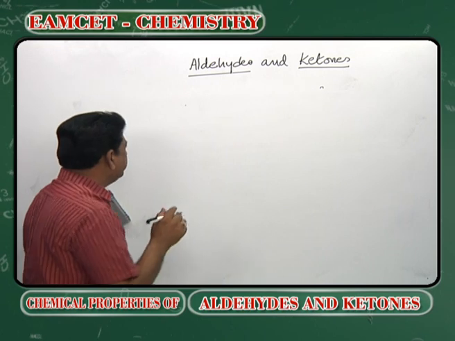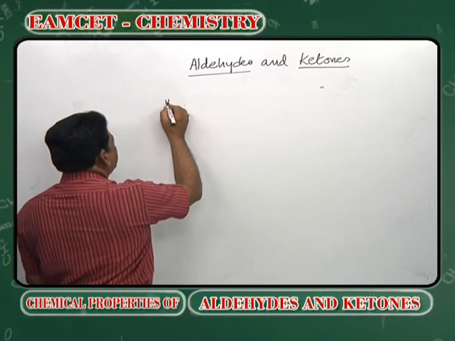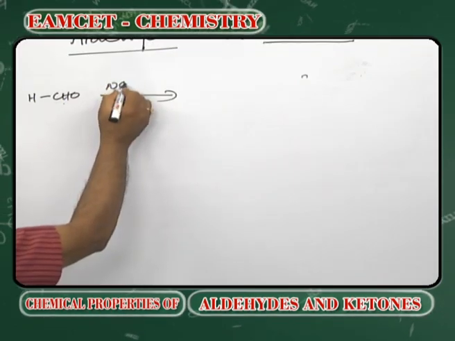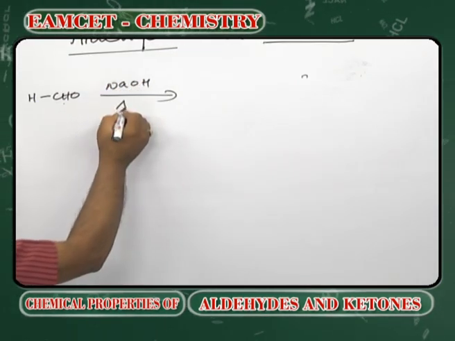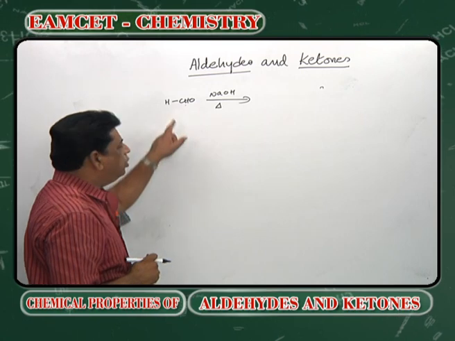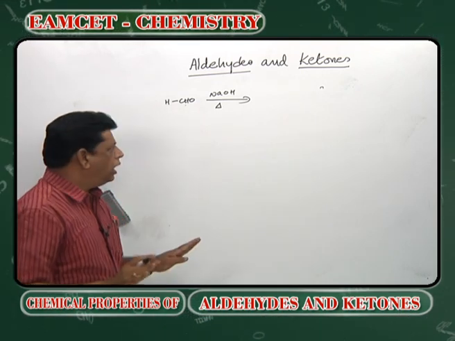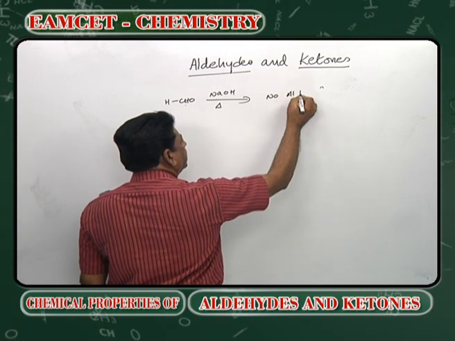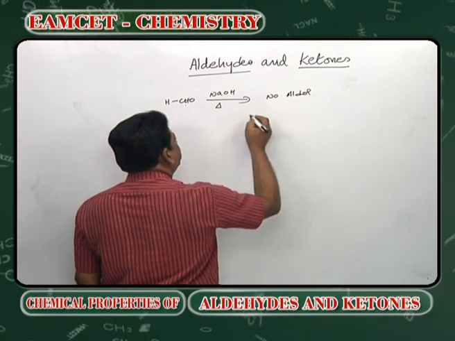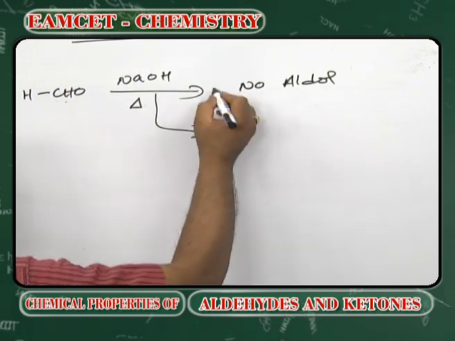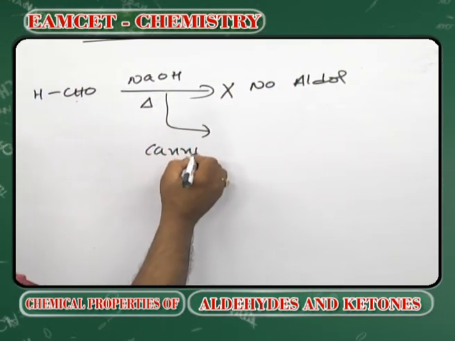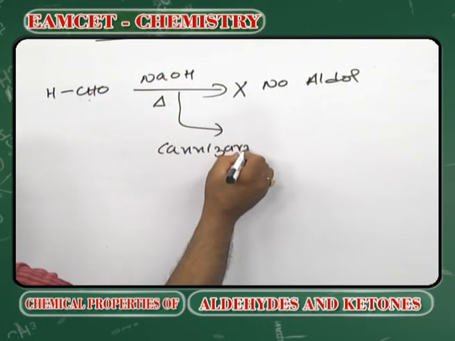Okay, right. But among these compounds which are not eligible to undergo aldol condensation can undergo some reaction in the same reagent. For example, if a formaldehyde is there, if we add sodium hydroxide and heat it, what happens? It has no alpha hydrogen, therefore no aldol condensation. However, it undergoes another reaction called a Cannizzaro reaction.